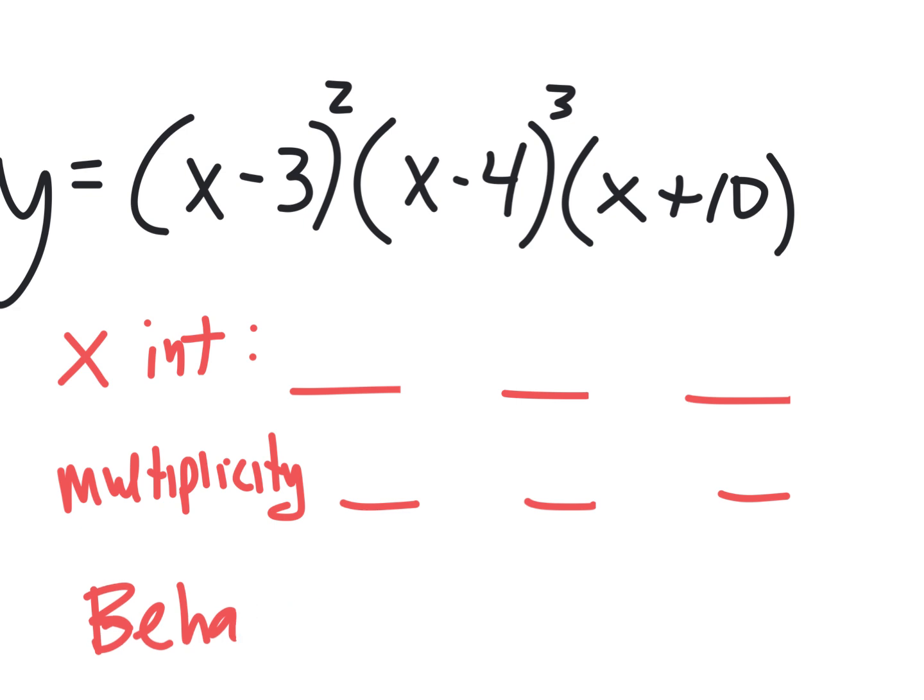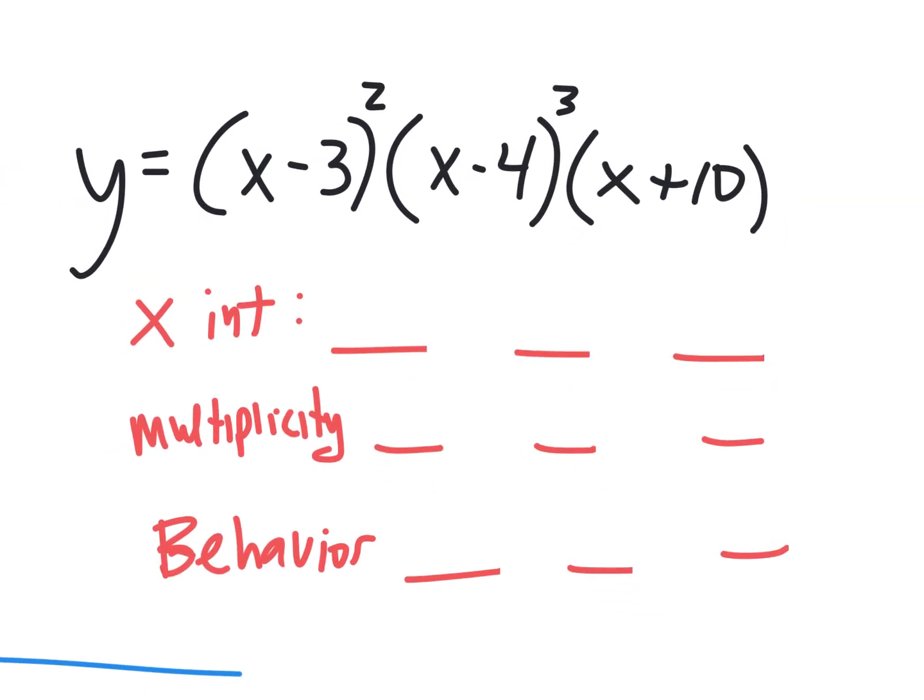I'm having trouble spelling behavior. Behavior, I think. All right, so pay attention on this one because I get you're not sure what all these words mean, like multiplicity and behavior, so pay attention.